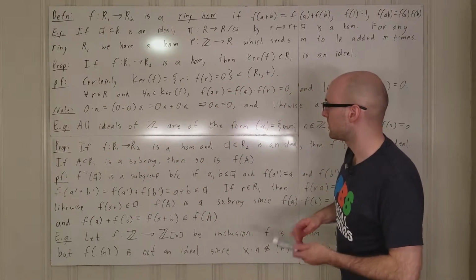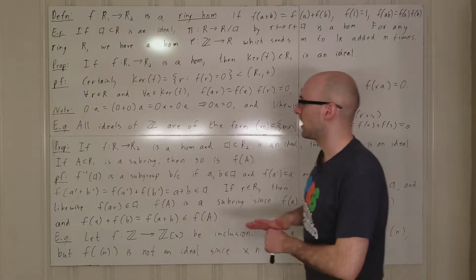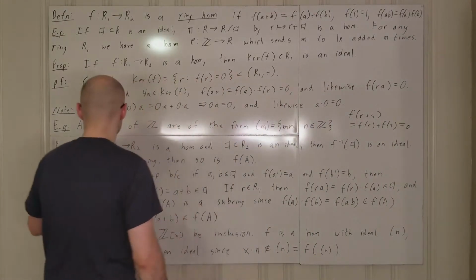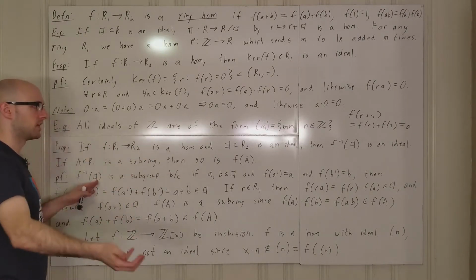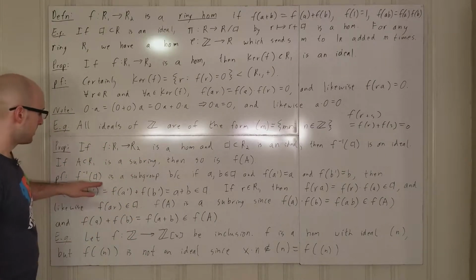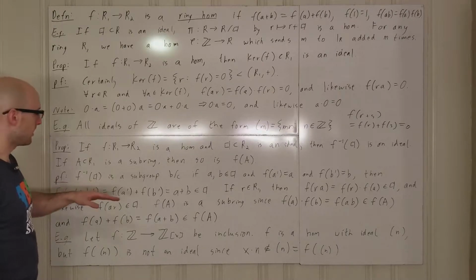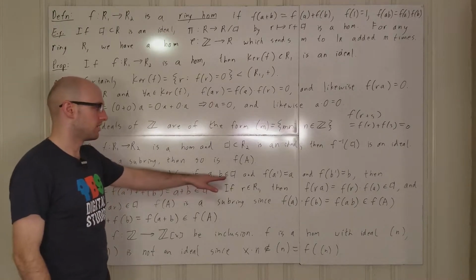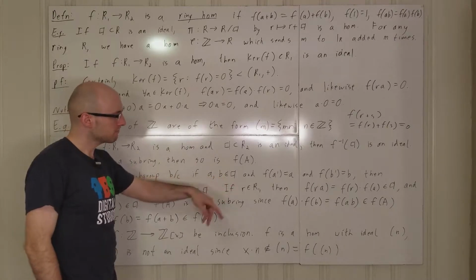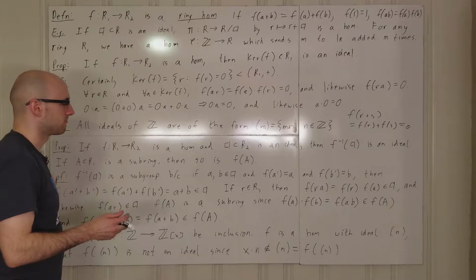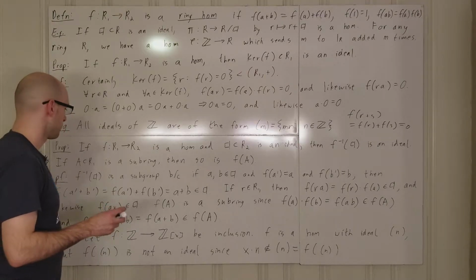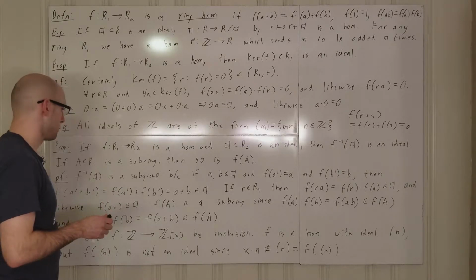So to prove this, first of all, you need that F inverse of A is a subgroup. So here we're proving that the pullback of an ideal is an ideal. So this thing is a subgroup because if you take any two elements a and b in A, and since these are in A, right.